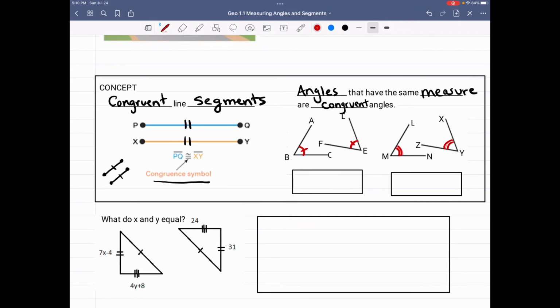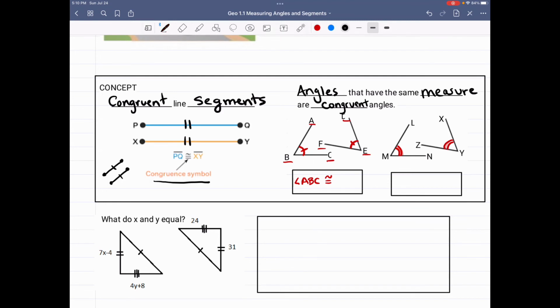So we're going to practice writing angles. So we have angle ABC, and we're going to write the congruent symbol. Angle ABC is congruent to DEF. I apologize, the D got cut off a little bit.